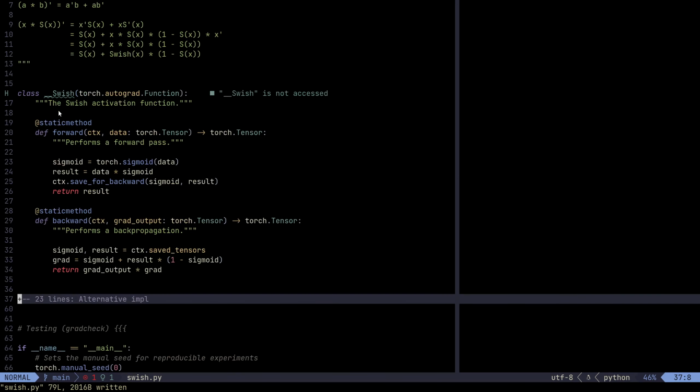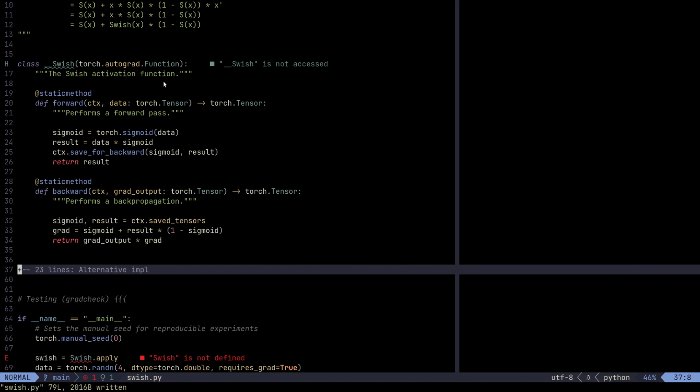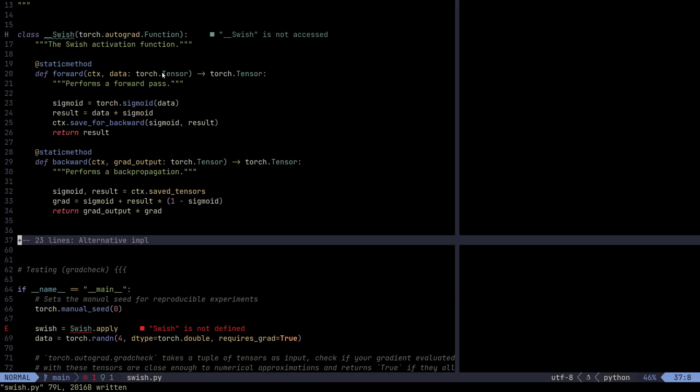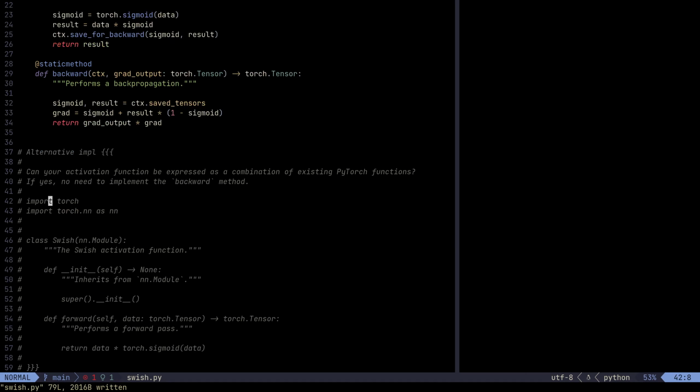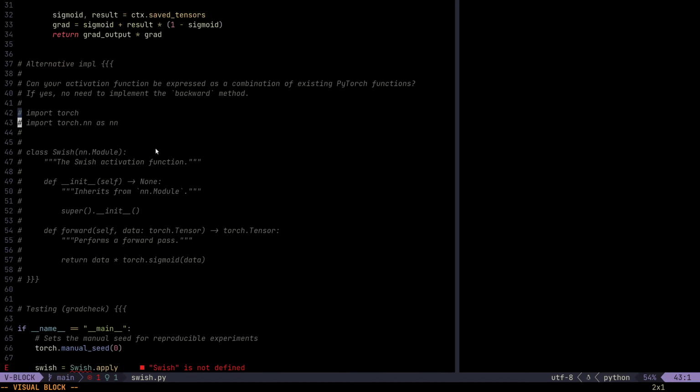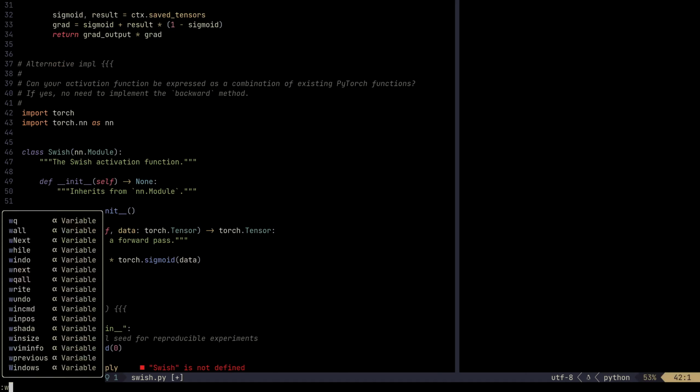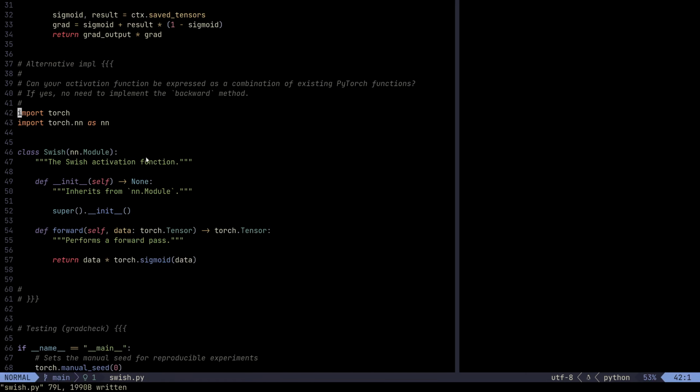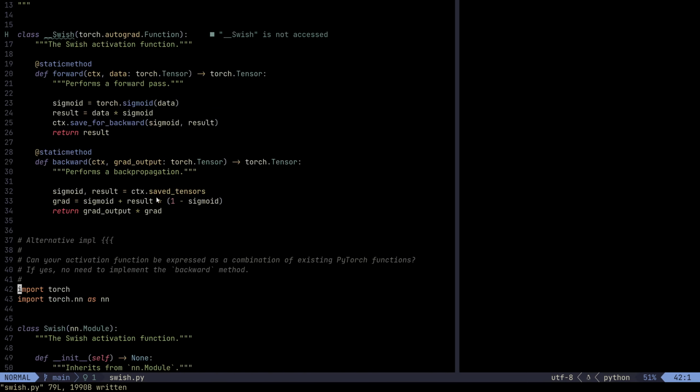In case of Swish, I think Torch calls it Silu. Silu is an alternative name for Swish. The alternative implementation I want to show you is also an implement-on-your-own kind of approach. We're not going to be using whatever PyTorch provides, but we can simplify what we have here.